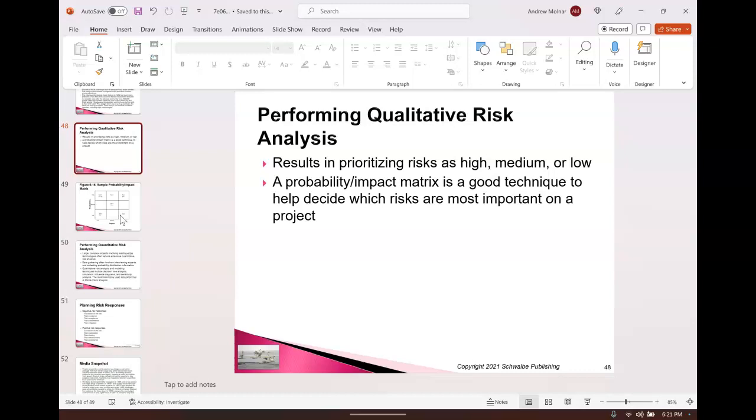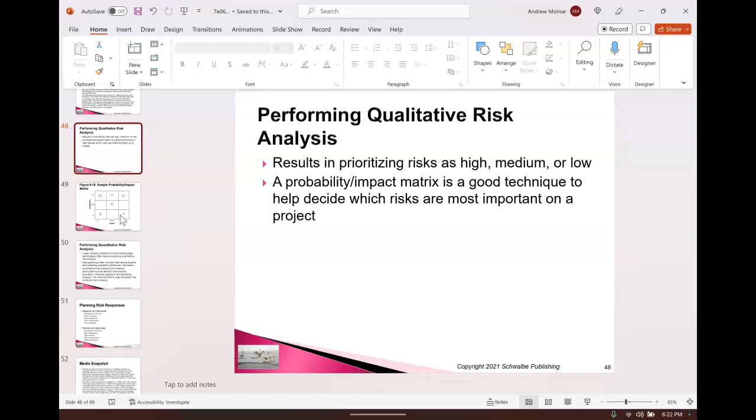Now, after risk identification, there is qualitative analysis, which is part of risk management. Why do we do qualitative analysis? After we've identified all the risks, we do qualitative analysis. That's always next. And we do qualitative analysis for every risk in the risk register. Why?